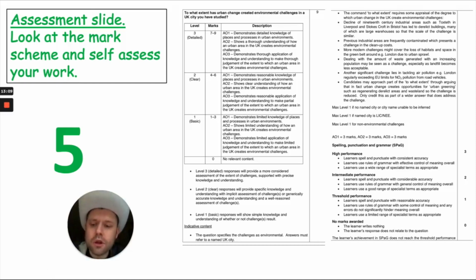So you use full stops appropriately, commas, maybe even throwing in a semicolon, although I'd probably say that's high performance. Using apostrophes correctly. And finally, if we look at the bottom bit here, specialist terms. Urban greening is a specialist term. Environmental challenges is a specialist term. Talking about the regeneration in Brindley Place are specialist terms.